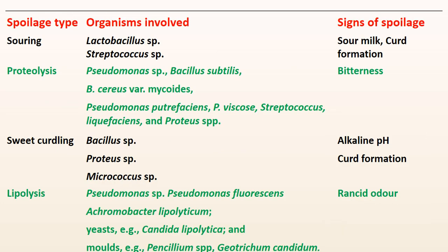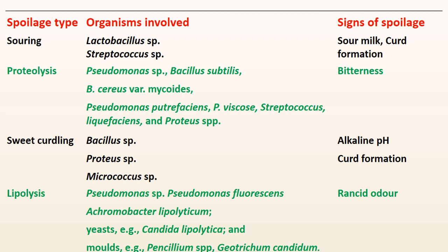Now we will discuss some of the other types of spoilage that can be considered a kind of defect, the causative organisms involved and the signs of spoilage. All these things we have discussed in full detail in a separate lecture, the spoilage of milk. So here, souring is mainly due to Lactobacillus species or Streptococcus species, and the signs of spoilage are sour milk and curd formation.